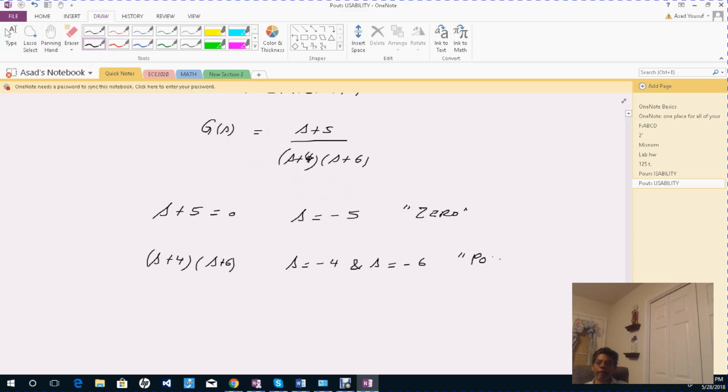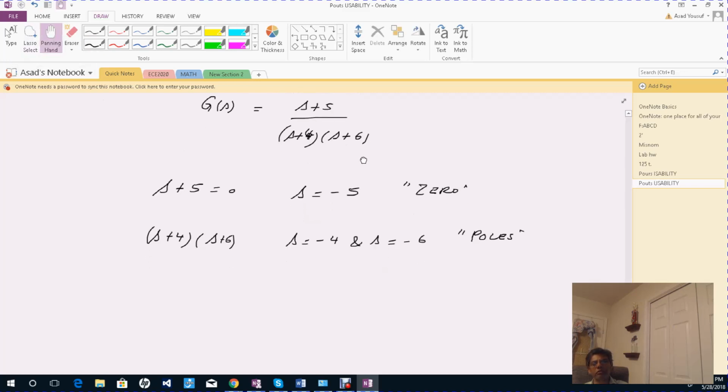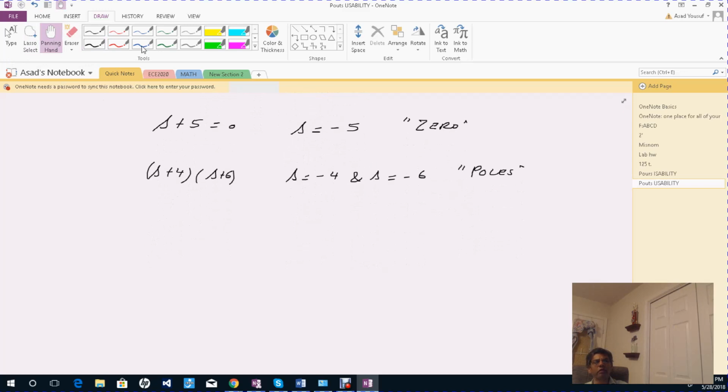Now, if we do a pole-zero plot, you can see that both poles are on the left-hand side of the plane, and hence you can conclude that the system is going to be stable. Here is a rough plot: this is the real axis, and this is the imaginary axis.